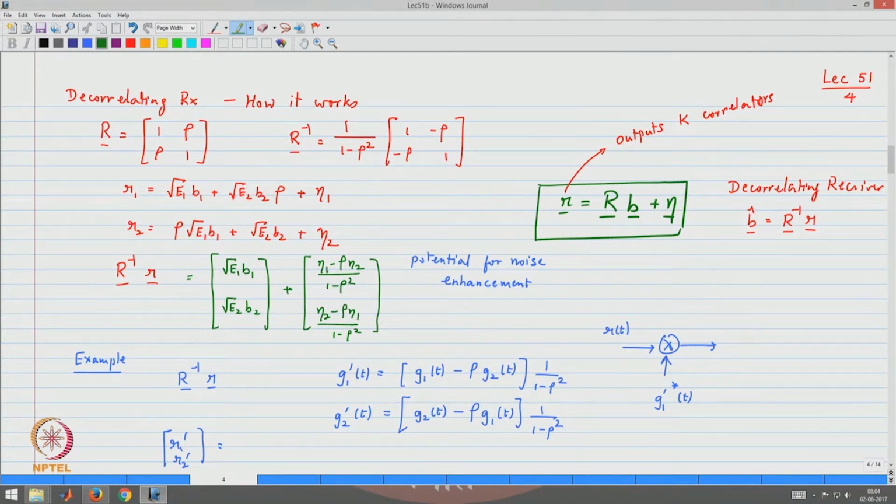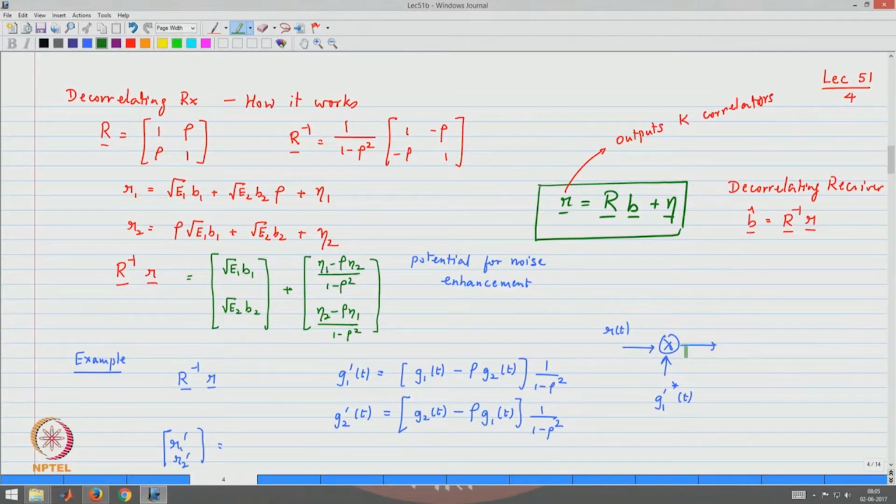Another very interesting way to visualize why or how the decorrelating receiver works is to relook at the expression, and this is what we mentioned towards the end of the last lecture. Now if you were to think of the received signal r of t, normally you would multiply it with g1 star of t, and you would then follow it up with the integrator.